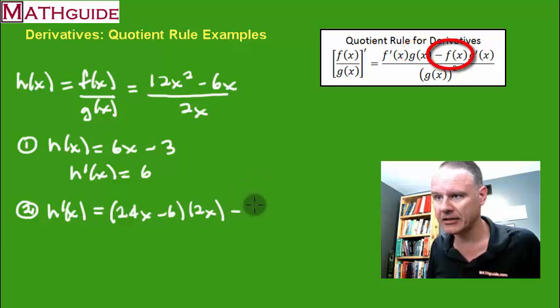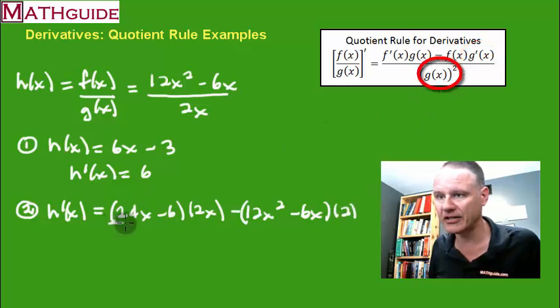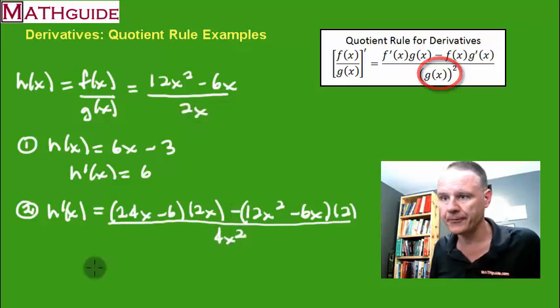Subtract f of x, and multiply that f of x times g prime, or in other words, the derivative of the denominator, which would be 2. And don't forget the denominator. It says that we take this entire numerator and divide it by the square of g of x. If I square that, I get 4x squared.